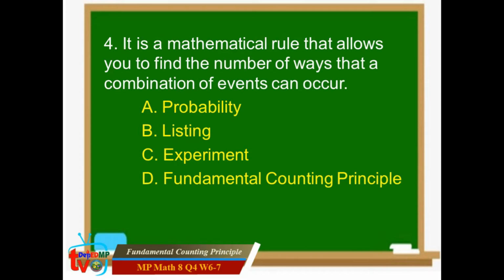Four. It is a mathematical rule that allows you to find the number of ways that a combination of events can occur. A. Probability. B. Listing. C. Experiment. D. Fundamental counting principle.